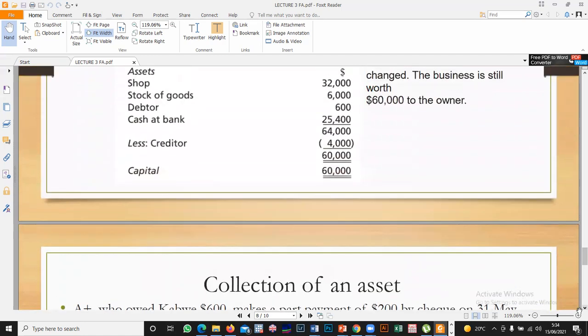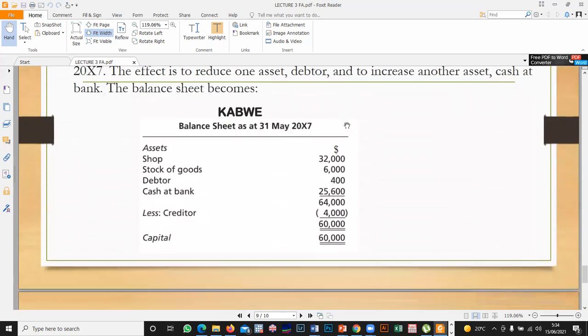In our last discussion we had 25,400; now we've got 25,600. When you look at that, you still see the 64,000 total, the creditor still remains at 4,000, and our capital will still remain 60,000.